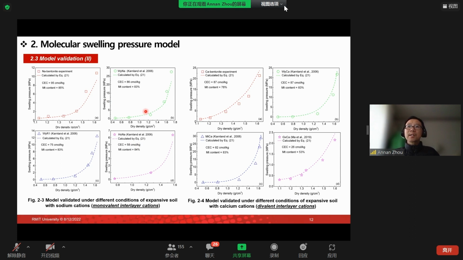The four figures on the left-hand side show the different expansive soils with sodium interlayer cations, and the four figures on the right-hand side show the different expansive soils with calcium interlayer cations. As we can see from these figures, the calculated results from our model all agree well with the experimental results for different soil types, different CEC values, and different montmorillonite contents.